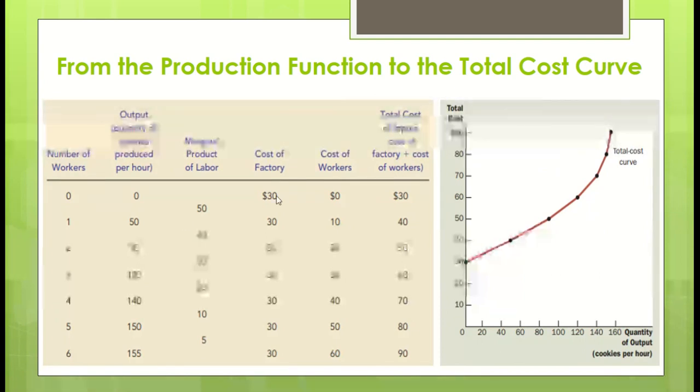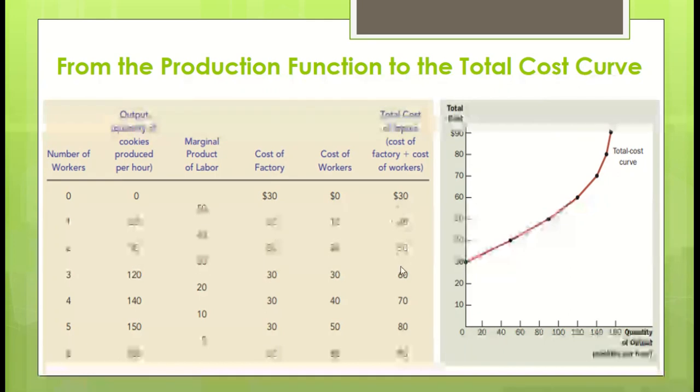Let's suppose $30 plus $0, that means $30. So the total cost of input, when the cost of workers is 0 and the cost of factory is 30, is also $30. And if there is $10 as the cost of worker, and the cost of factory again remains constant at $30, the total cost of input here is 30 plus 10, that is 40.